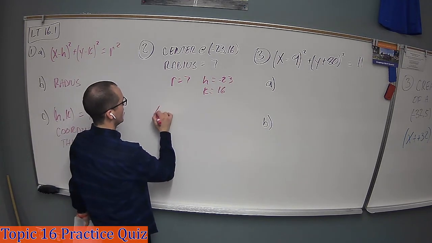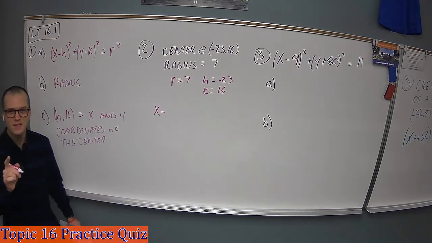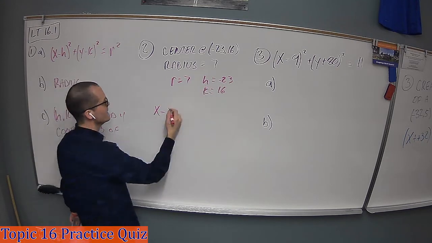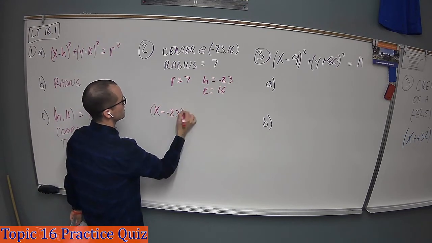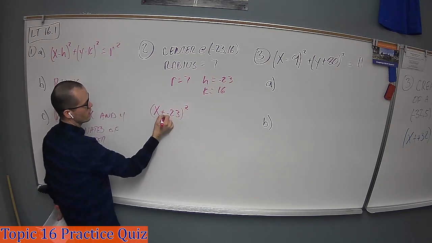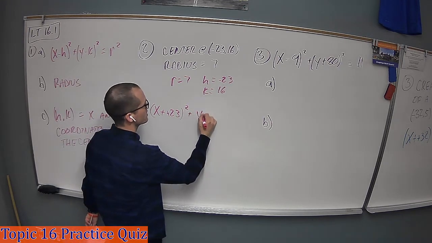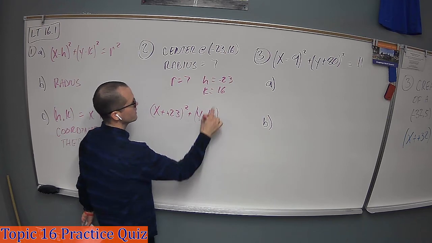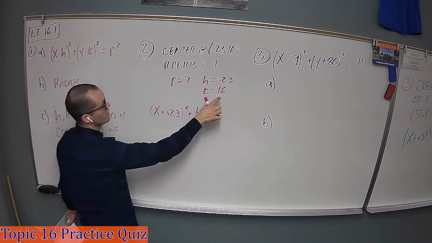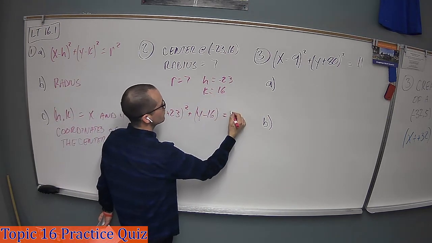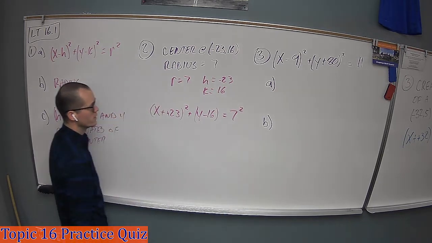So it's going to be x minus, this part is a little bit funky because it's x minus negative 23. So eventually, well, actually, let's do it right now. We'll simplify that into a plus. So the next piece, y minus 16, that's the y minus k, but our k value is 16, equals r squared. In this case, it's 7 squared.